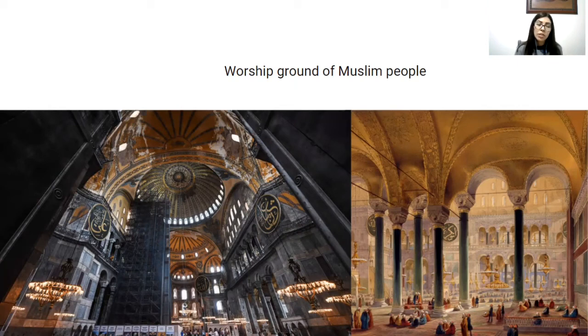And after the year 1453, the Byzantine Empire fell to the Sultan Mehmed II of the Ottoman Empire, and they took over the Hagia Sophia and made certain changes. So now the design and function changed from a place where the kings were crowned to a worship ground of the Muslim people, and currently it is a museum that you can visit whenever you go to Istanbul.